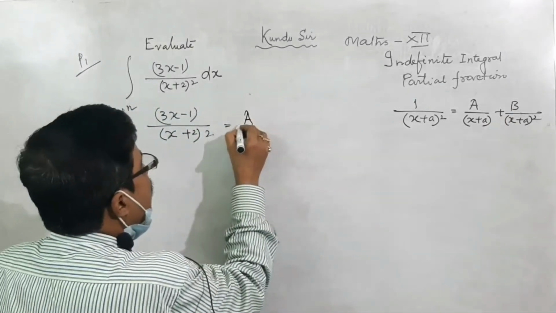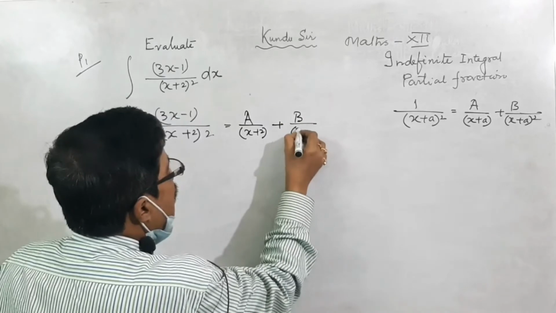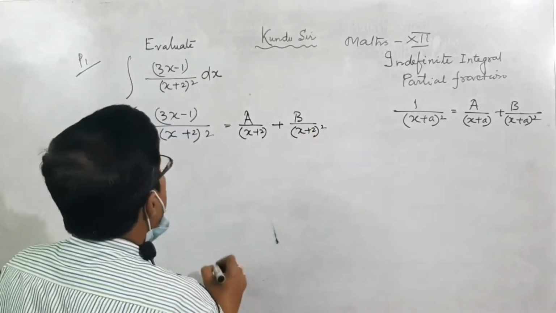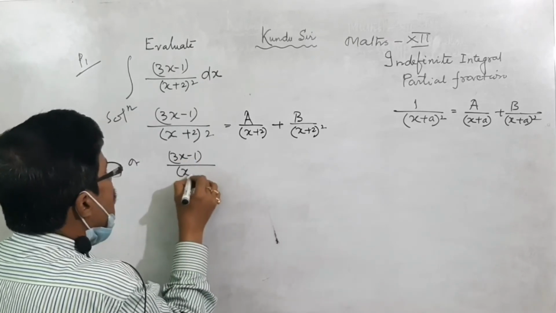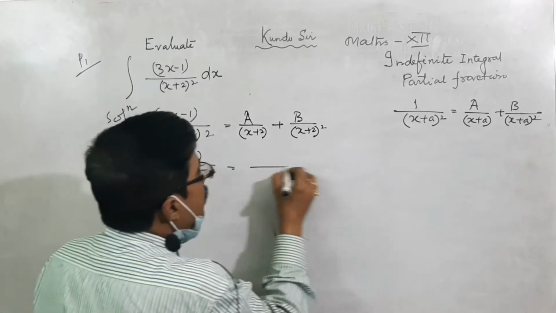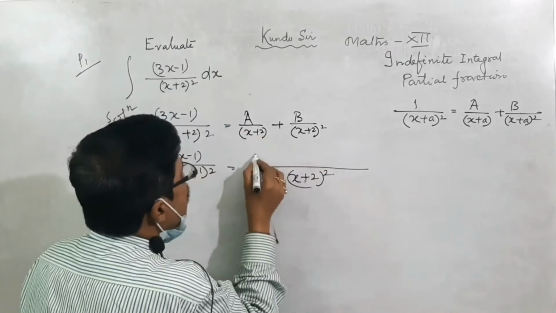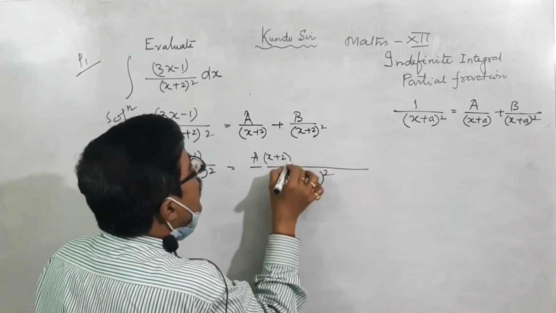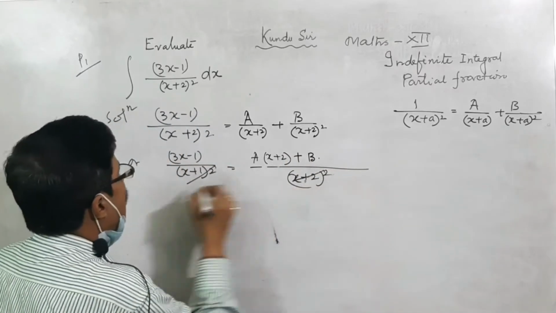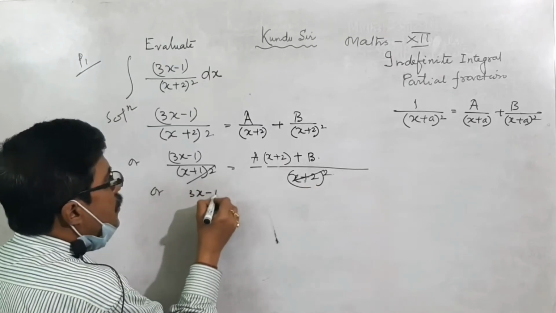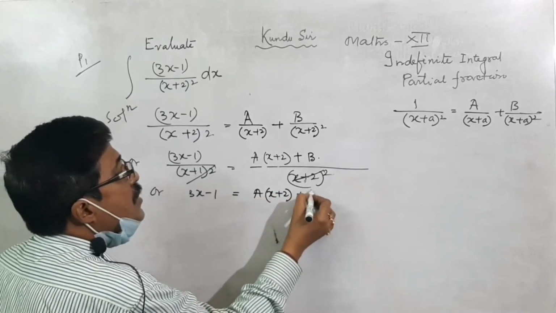Taking the LCM, we get A into (x plus 2) plus B, so 3x minus 1 equal to A into (x plus 2) plus B.